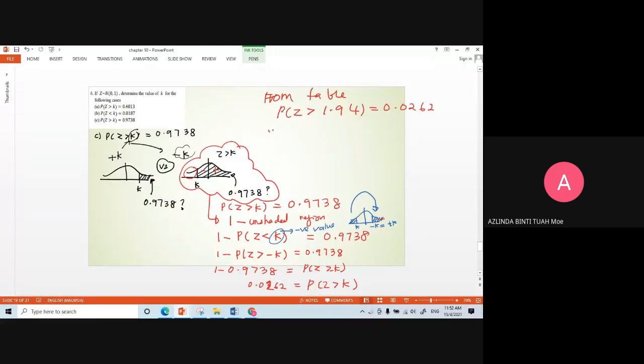Therefore, we compare P with P, Z with Z. Negative K just now, so negative K equal to 1.94, K equal to negative 1.94. So, what we said earlier is right, what we decided, that K is a negative value. So, K is indeed a negative value, which is negative 1.94.